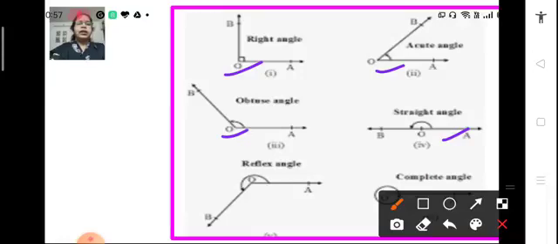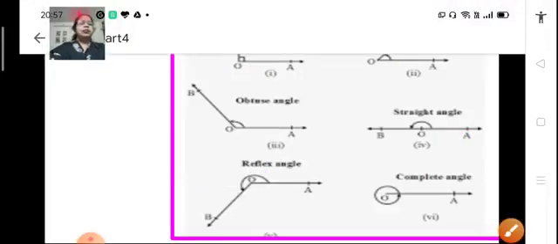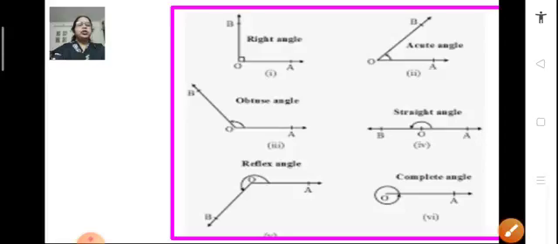This is a 180-degree angle. Here we have a reflex angle, which is more than 180 degrees. So here a straight line will be 180 degrees, and more than that will be a reflex angle. And then we have a complete angle, that means a complete revolution, which is a 360-degree angle.